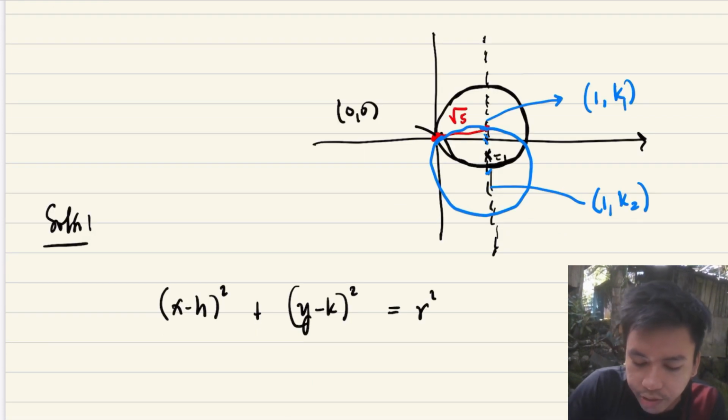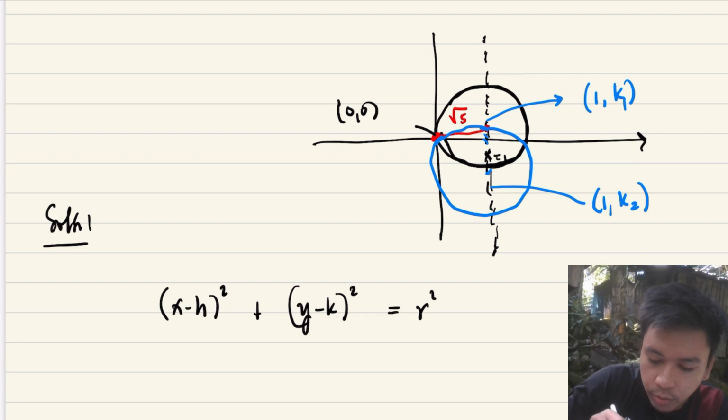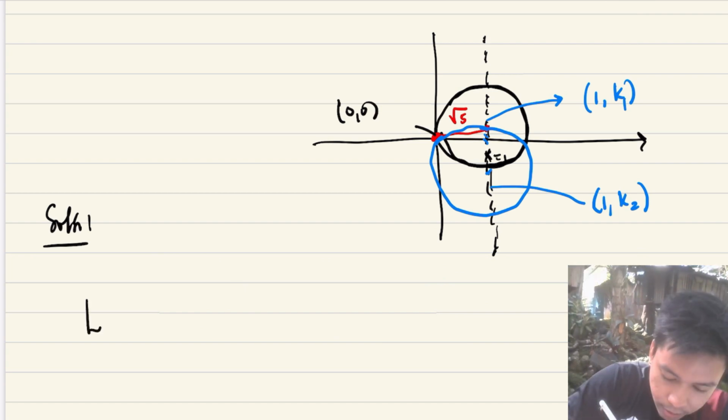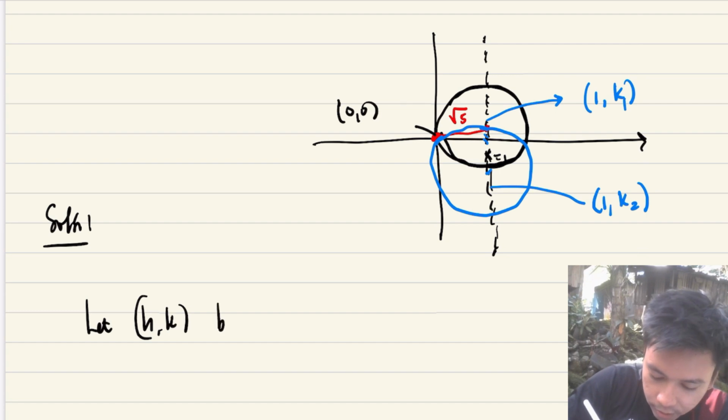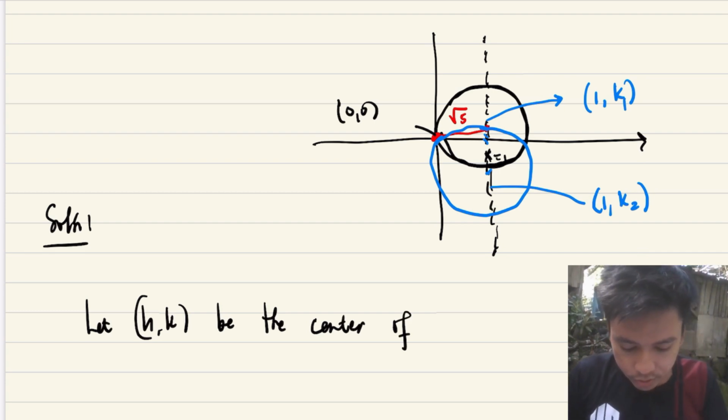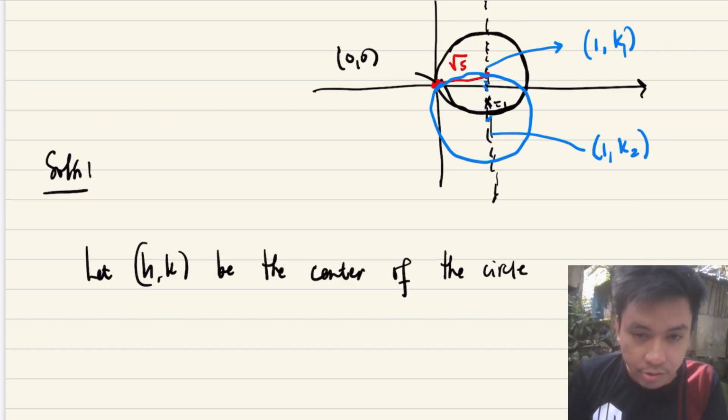In order to solve for the center, you just have to assume the existence of the center. So let (h, k) be the center of the circle. Then you already know that the radius is square root of 5.